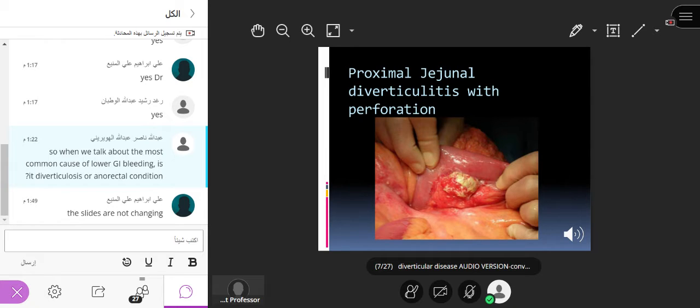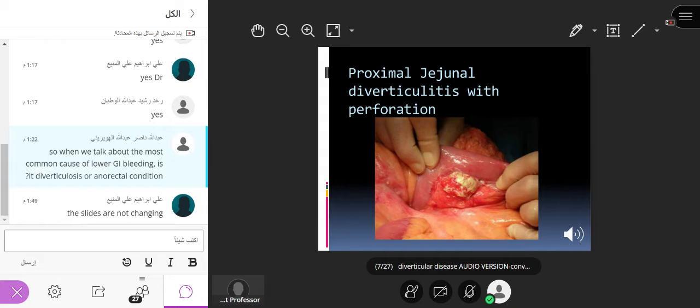Example of proximal jejunal diverticulitis with perforation. Before the perforation, you won't be able to locate the jejunal diverticula. When the patient comes to you with peritonitis, you do a laparotomy, and you see there is a perforation, and at the point of perforation there are diverticula with inflammation, diverticulitis.